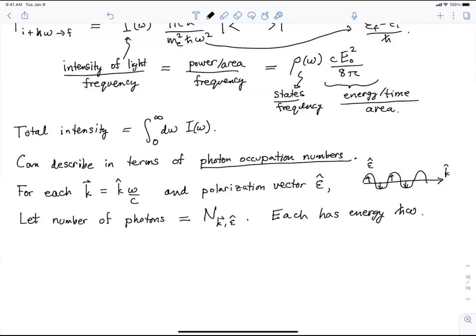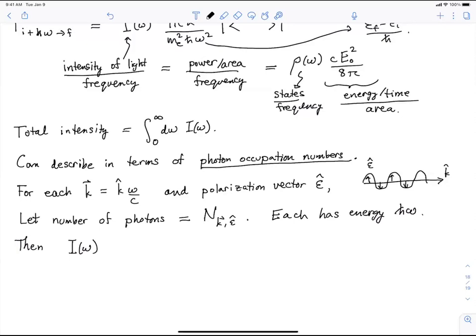Okay, so now it's a little bit of a problem to translate the knowledge of how many photons you have in a given mode, how much energy they have, and convert that into the intensity. I'm not going to go through the details, which are in the notes, because it's kind of tedious, but I'll just write down the answer here.